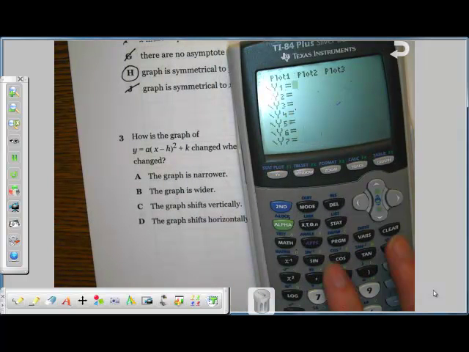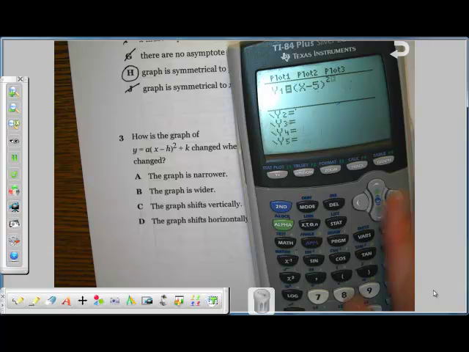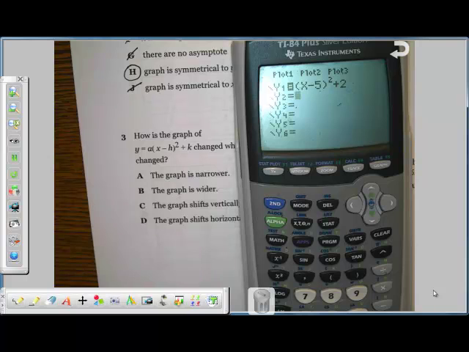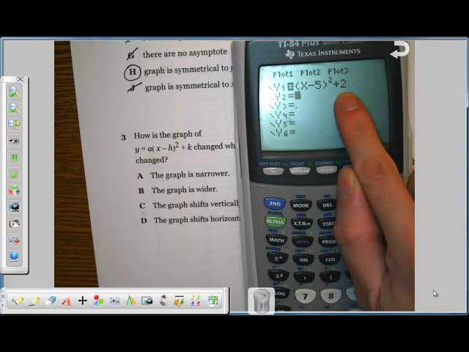So I'm going to say, okay, I have x minus 5 quantity squared plus 2. Now I just pulled these numbers out of nowhere. But if I'm going to see what happened when the k's change, I'm going to do the exact same numbers, except I'm going to change that constant at the end.